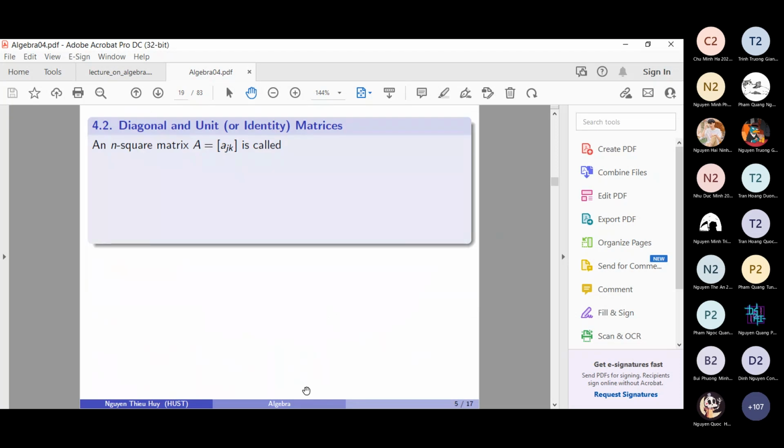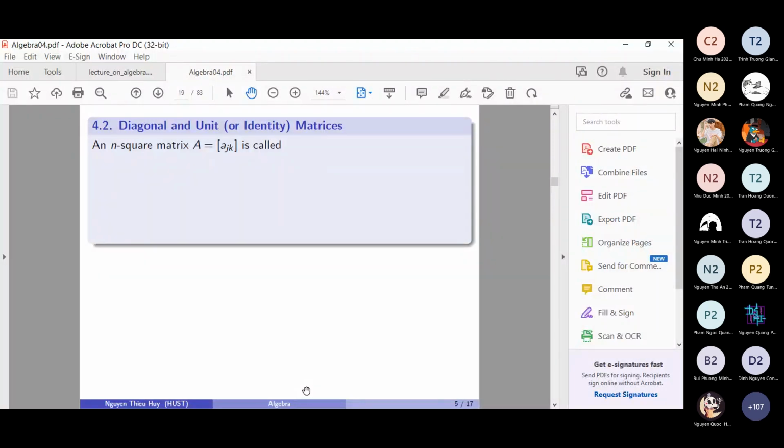Okay, now we go to some more special matrices. Now we go to the diagonal and unit or identity matrices. So you have here a definition of diagonal matrix first. An n square matrix means that it is n by n, n rows and n columns, the number of rows and number of columns are the same.